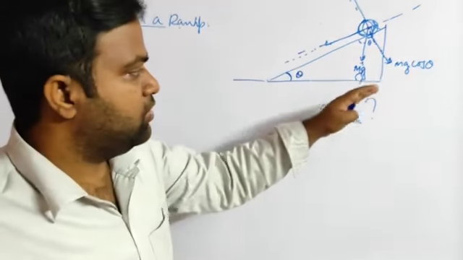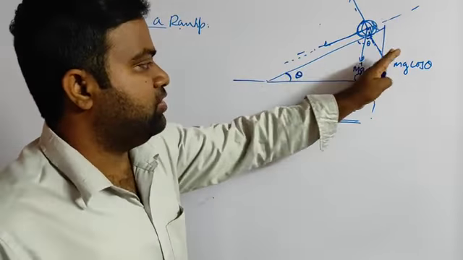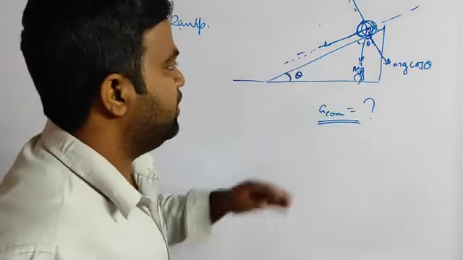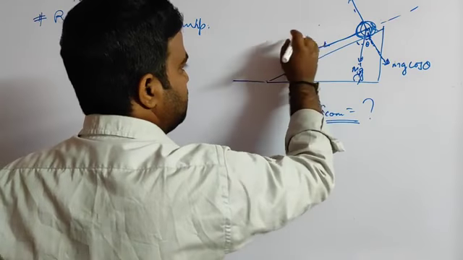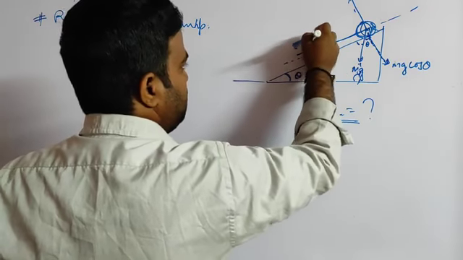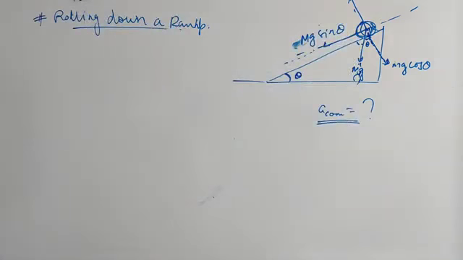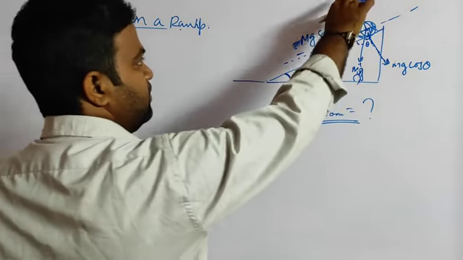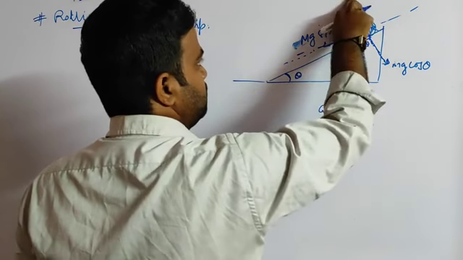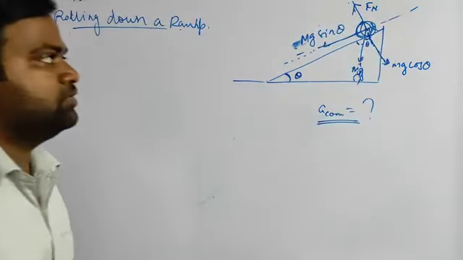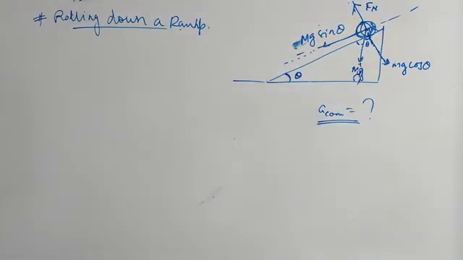We write the component of mg on the y-axis, which is mg cos theta, and on the x-axis it will be mg sin theta. This is your normal force Fn.